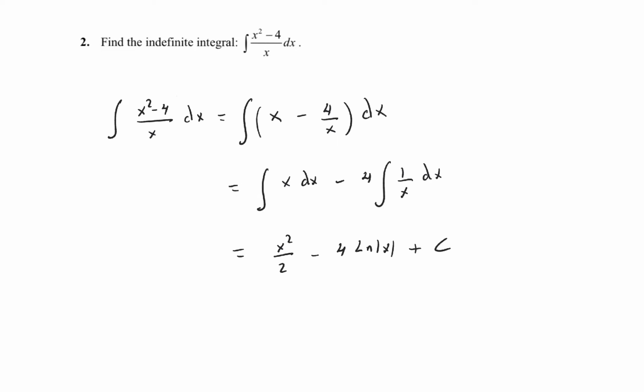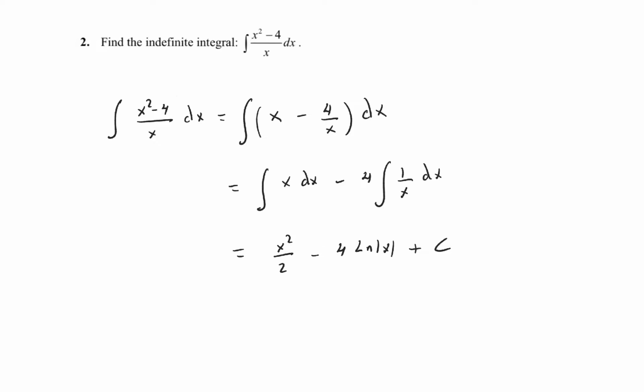Next problem. Find the indefinite integral of x squared minus 4 divided by x. So you do a little bit of algebra, and x squared divided by x is x. 4 divided by x is 4 divided by x.